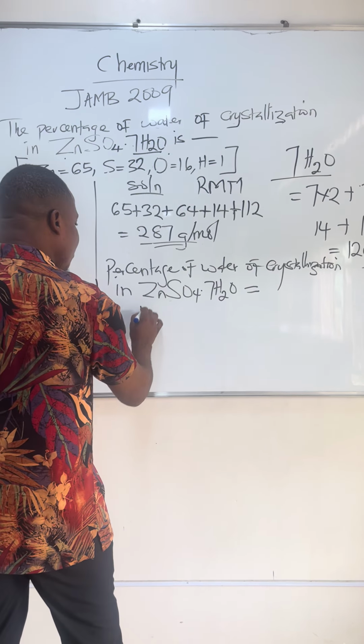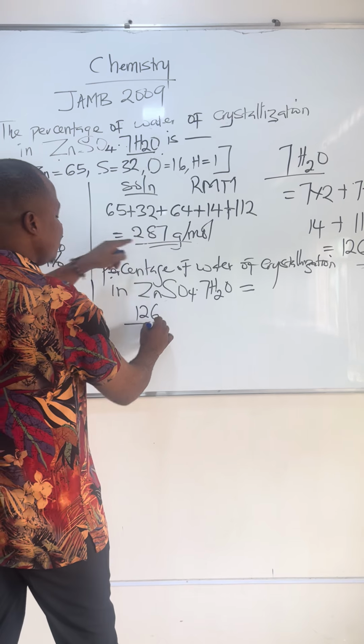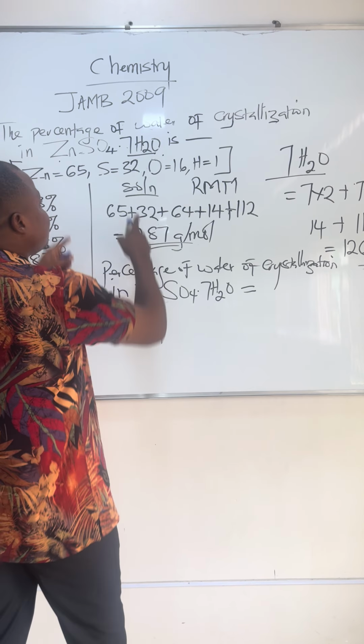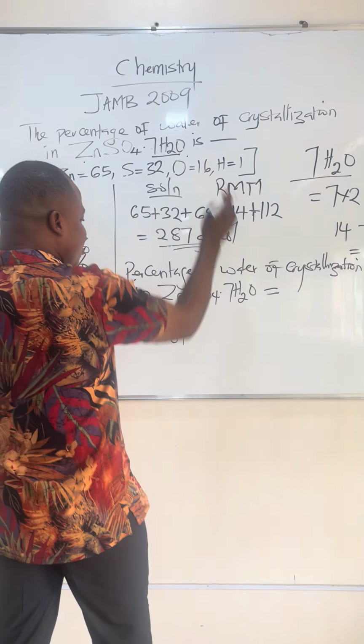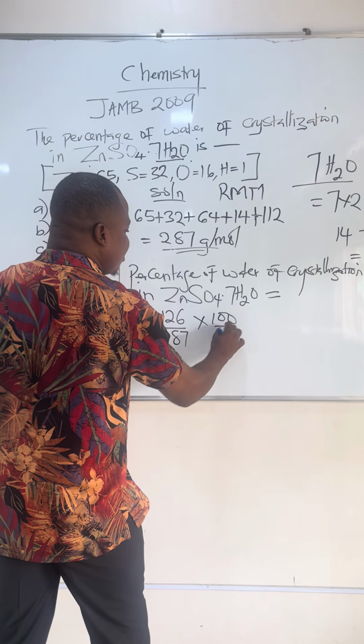We are going to say 126 over 287, which is the relative molecular mass of the compound, times 100 over 1.